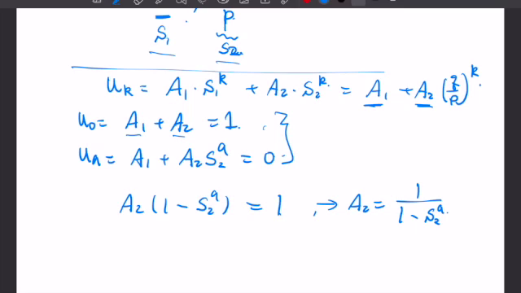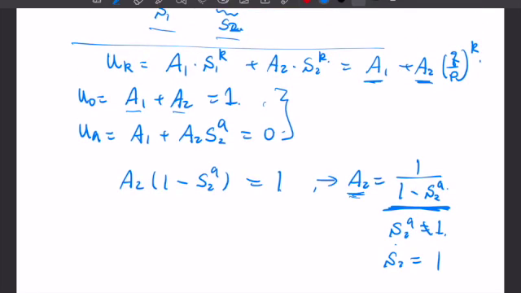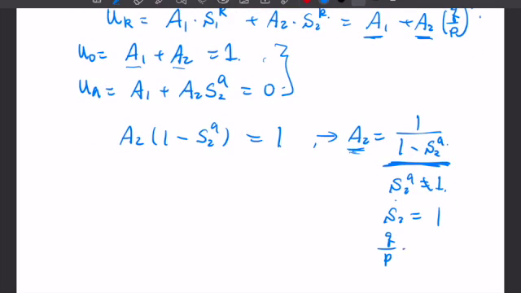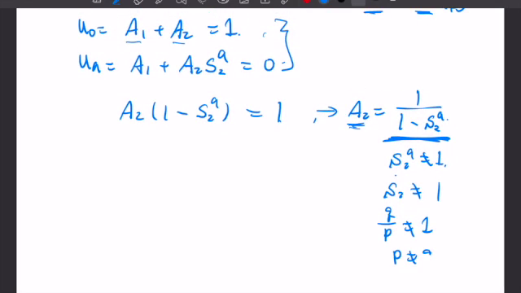But in order to divide by this, we have to assume that s2 to the power of a is not equal to 1, otherwise we cannot determine the value of a2. So this is the case where s2 to the power of a is not equal to 1. That means s2 is not equal to 1, and that means q over p is not equal to 1. So that means p is not equal to q.